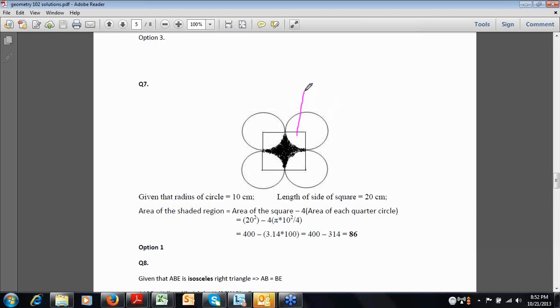So this question actually implies that a square is there and in which circles are drawn, and what is the rest of the area. So this is what we will do.